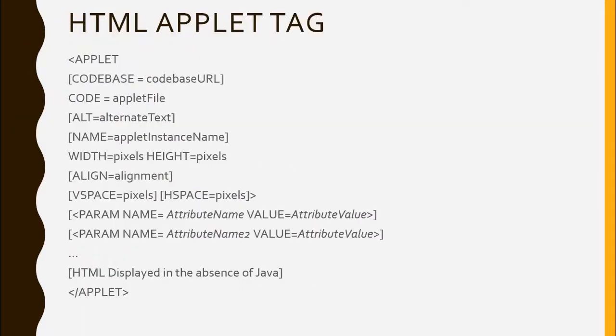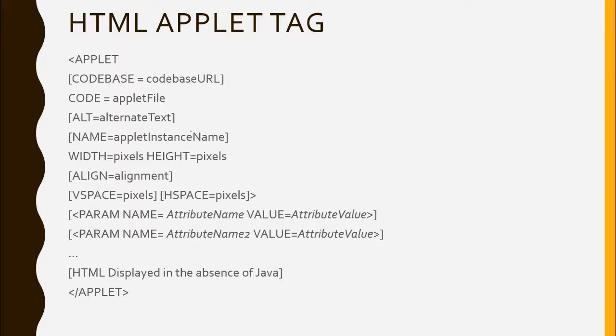In the applet tag there are certain things that are used properly, and the rest are there for you to use. For example, you want to give an alternate text, you want to name the instance, you need to give the width and height of it, where it is supposed to align, left, top, right, or center, vertical pixels how much, horizontal pixels how much, and at what point the applet is supposed to start appearing.